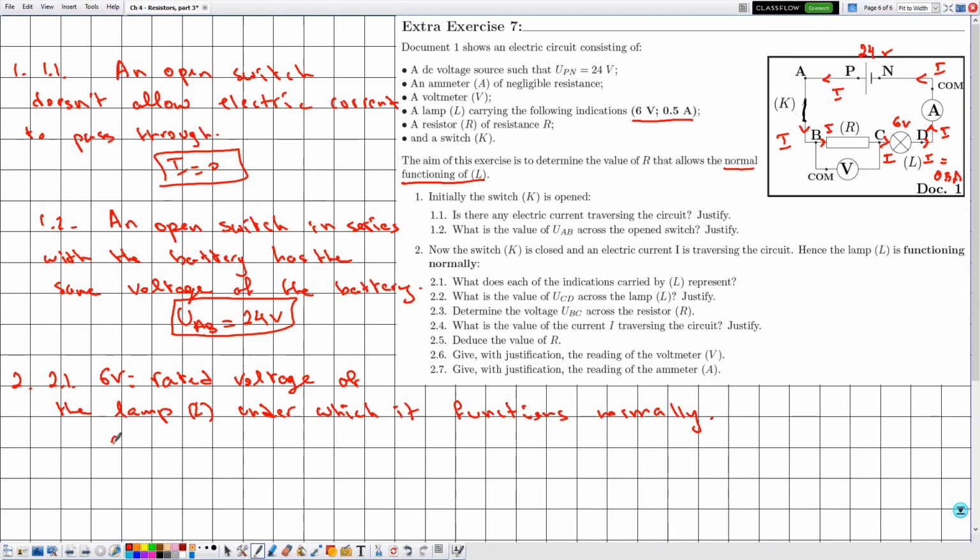Now as for 0.5 amperes, it's the rated current of the lamp L, under which it functions normally.